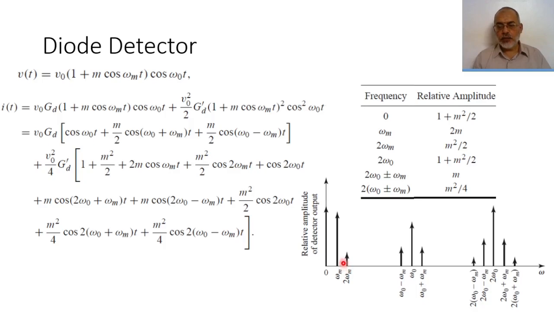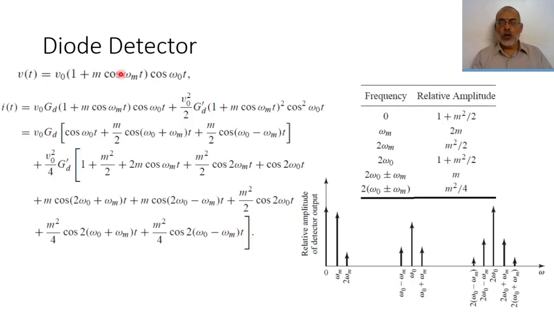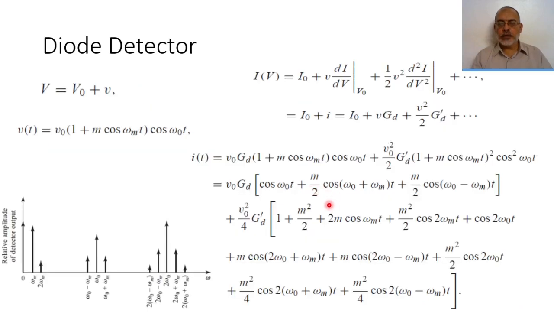Now, as I said, if we have a band pass filter around the modulation frequency, we can detect the required signal, or the modulation signal. Effectively, to operate the diode as a detector, we are mainly operating in the second term.